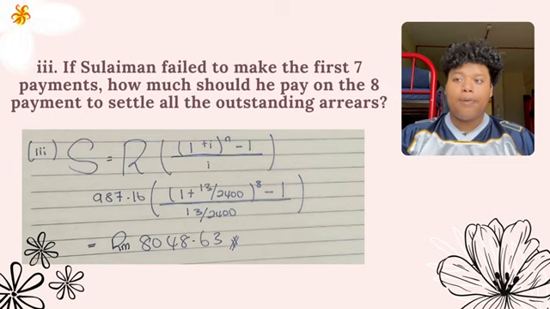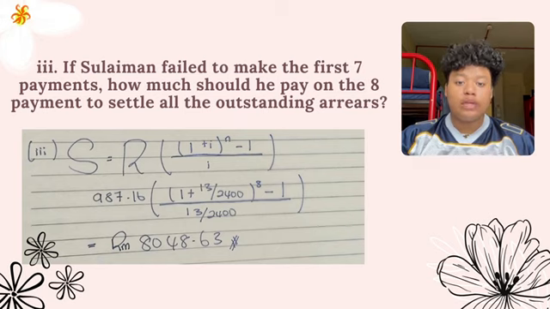So apply in the formula: X equals 987.16, open bracket 1 plus 13 over 2,400, close the bracket, to the power of N, which is 8, minus 1, over 13 divided by 2,400, and close the bracket.